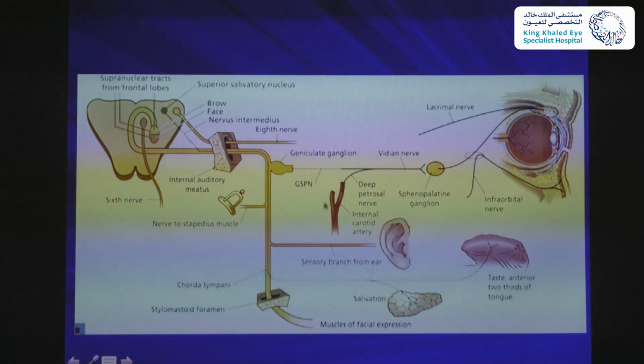Sometimes the patient has only one of the branches affected because of trauma, or some infection like herpetic, that causes only one branch to be affected. So it depends on the location. The manifestation will be the guide to locate the pathology.